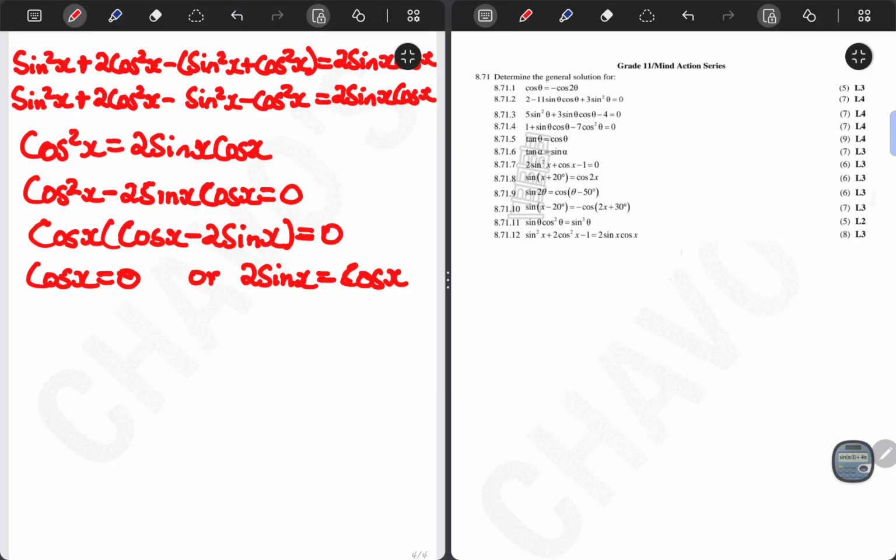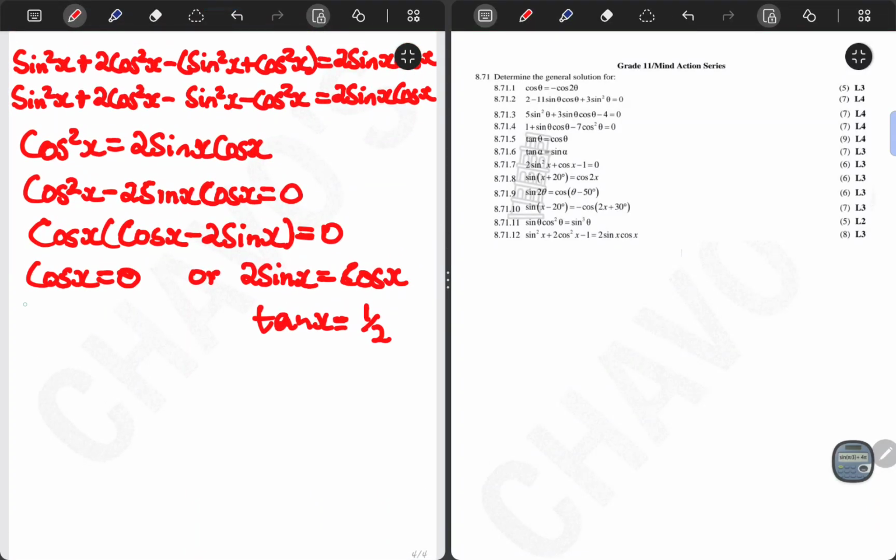From there, I divide both sides by 2 cos. That will be tan, so here will be tan x equals to 1 over 2. Of course, I'm nearly done.